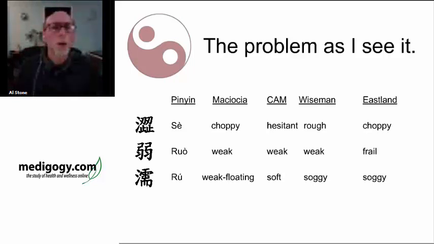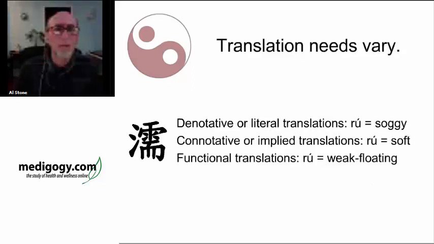So that's why some of the better translations, at least for the pulse names, I believe, are what they call the functional translations down here on the bottom. For instance, different scholars, different writers and editors have different needs when they're translating pulse names.